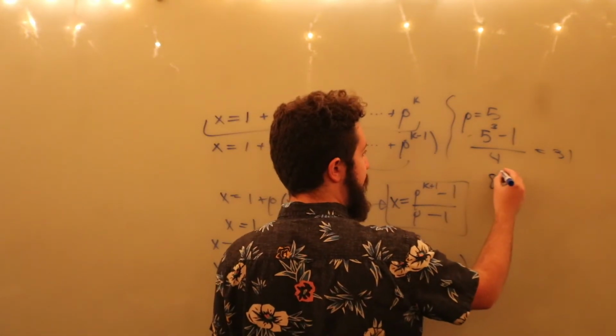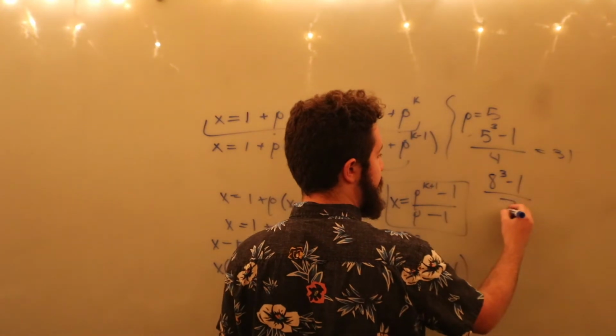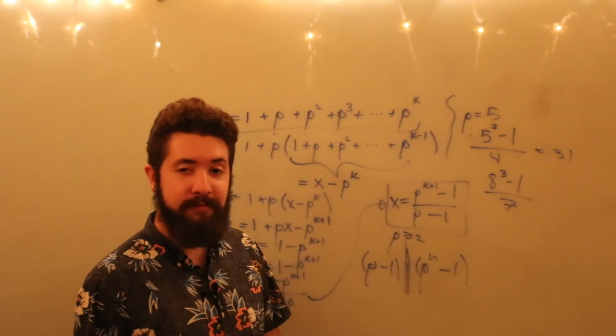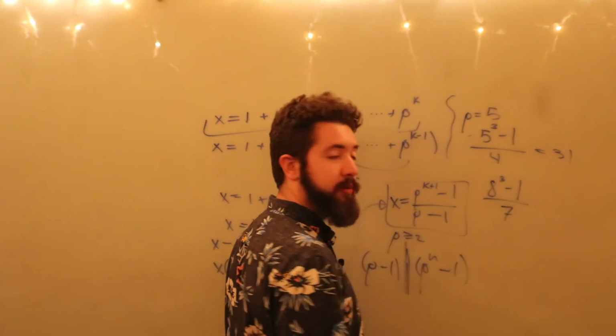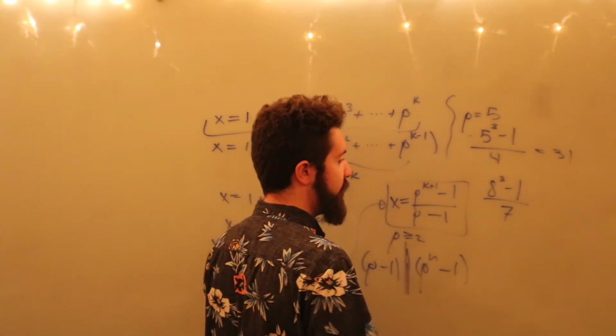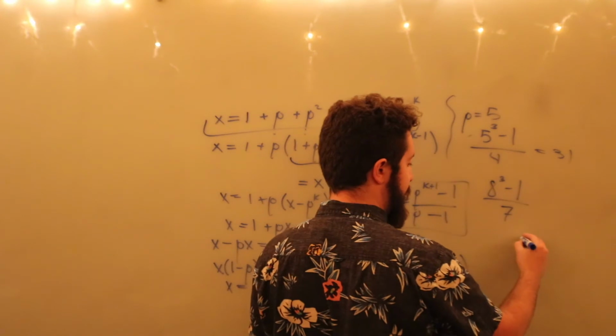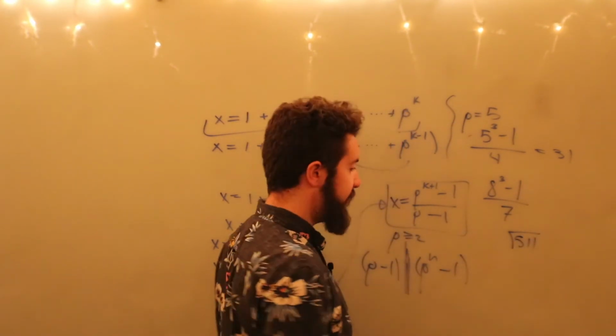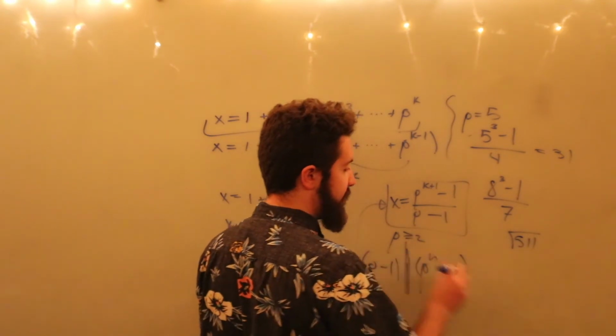How about 8 cubed minus 1 is divisible by 7? Do you believe that? Well, 8 cubed is going to be equal to 512, so minus 1 is 511. Do you believe me that 511 is automatically divisible by 7 just because of this?